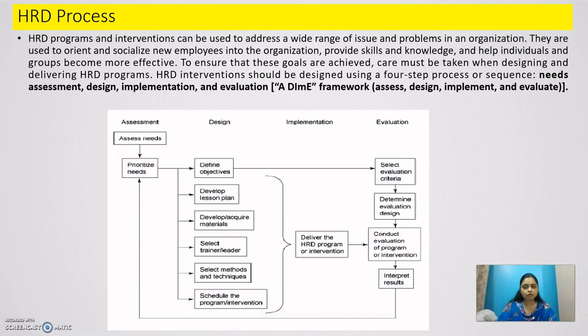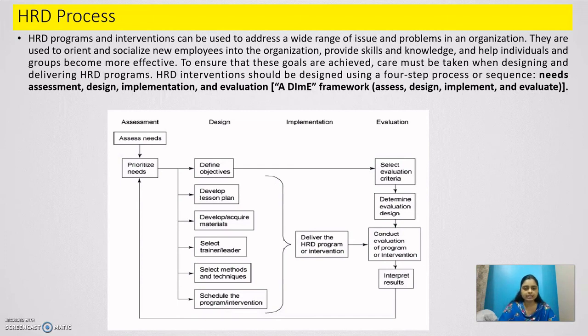So it is a 4-step process or sequence which includes need assessment, design, implementation, and evaluation. Okay, so it is the ADIME framework. A means assessment, D means design, IM means implementation, and E means evaluate.